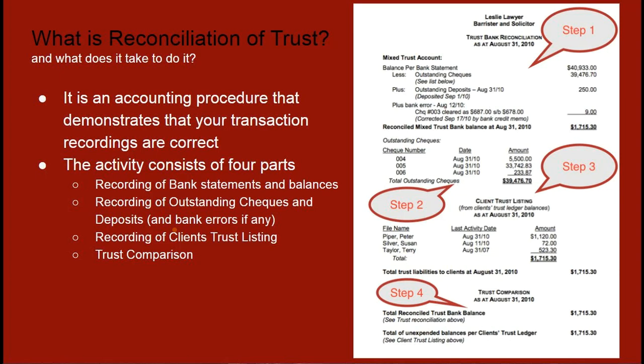And hence, as I mentioned, the differences come either from outstanding checks, deposits, or bank errors. If you've not caught your bank errors and you're catching it one month later, you're going to notice that your internal bookkeeping system would never have caught a $6 amount that was withdrawn from your trust account.